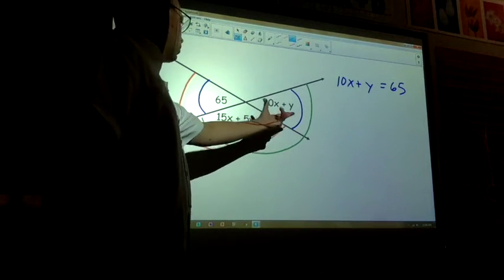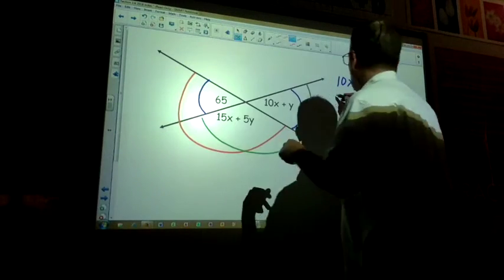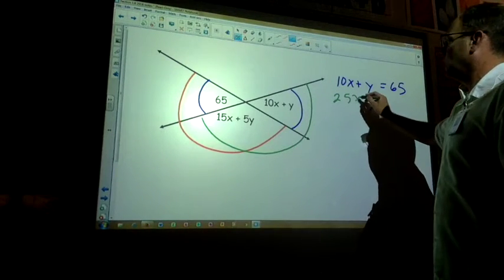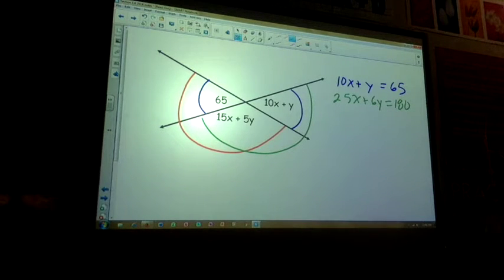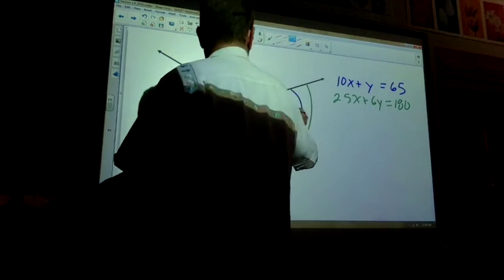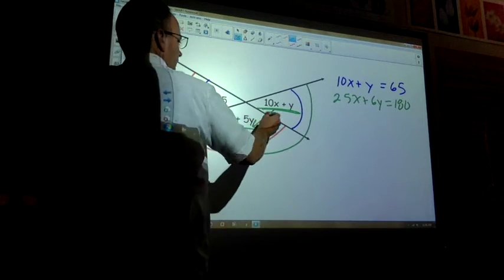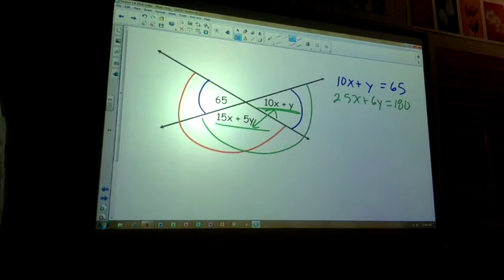This way, if I do the greens, I'm going to get 25x plus 6y equals 180. Where did that come from? How did I get 25x plus 6y? Yeah. You added the angle 15x plus 5y and 10x plus y. I combine those together. Good.